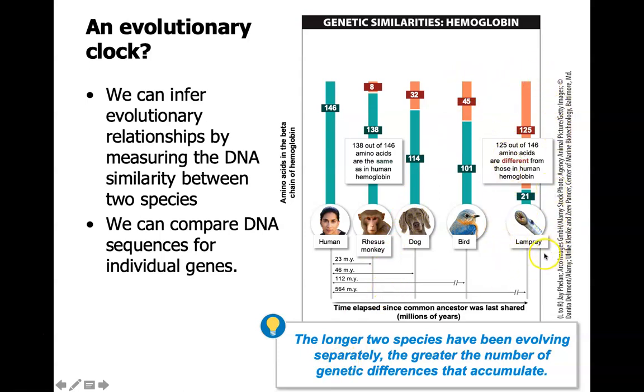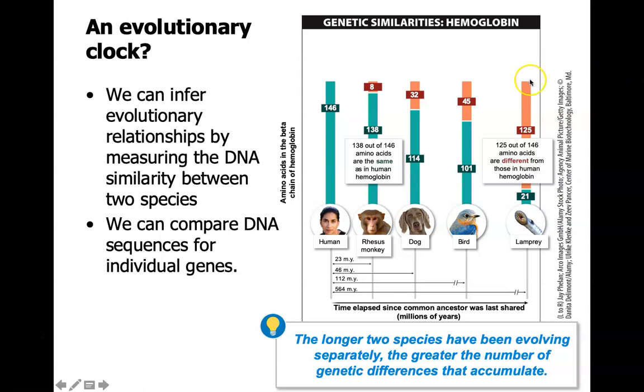The lamprey is sort of thought of as one of the very earliest animals, and so if you look at an evolutionary tree, it's often the first branch off of the animal side of the tree.